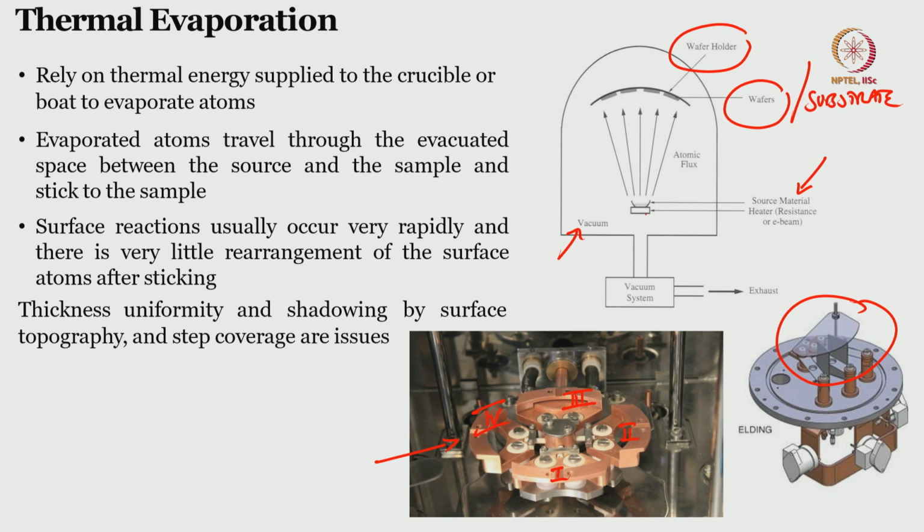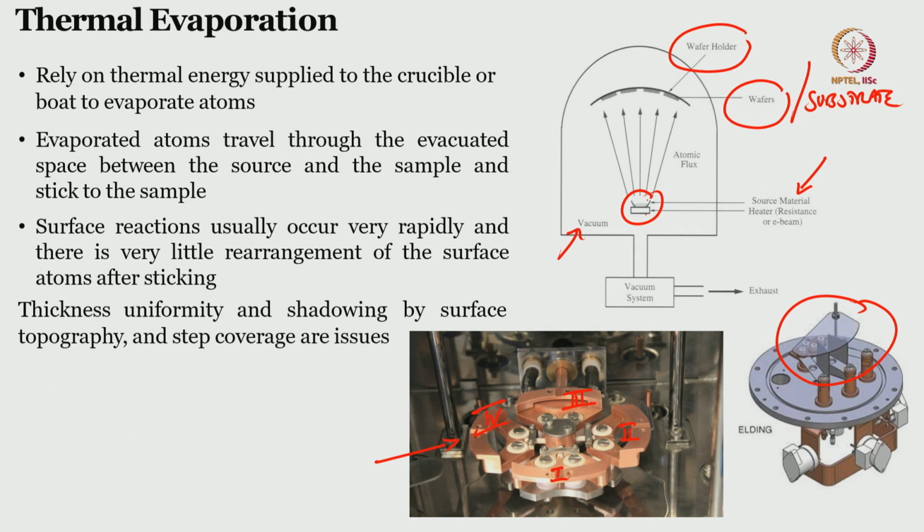Evaporated atoms travel through the evacuated space between source and sample and stick to the sample. Surface reaction usually occurs very rapidly, and there is little time for rearrangement of surface atoms after sticking. As soon as you melt the material, it immediately starts depositing. It is so fast that the atoms cannot rearrange themselves.